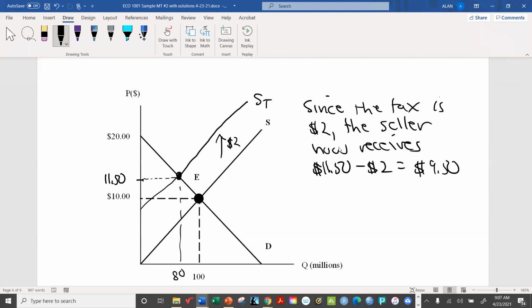The buyer now pays $11.50 instead of $10.